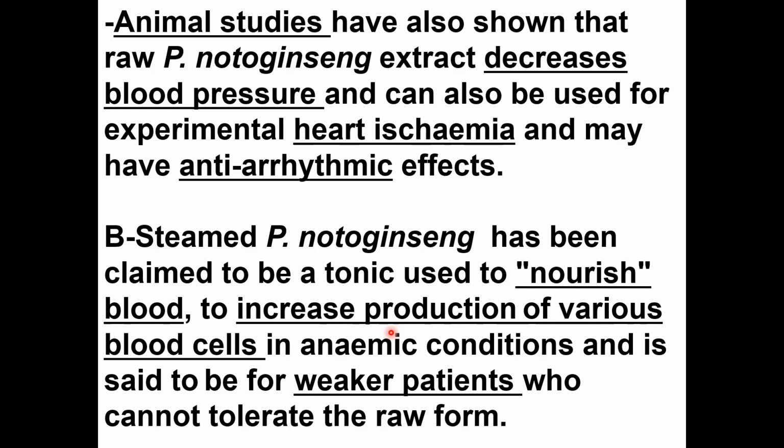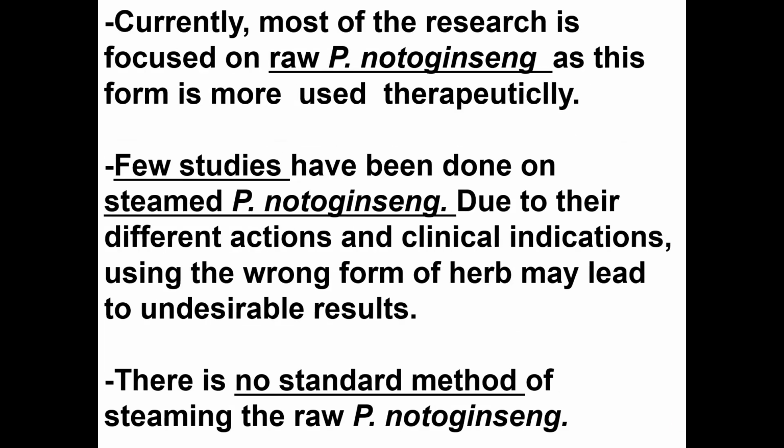The steamed Panax notoginseng is frequently used and claimed to be able to nourish blood, to increase production of various blood cells in anemic patients, and to be used by weaker patients who cannot tolerate the uptake of the raw form of the herbal drug. Most of the research now is focused on the raw Panax notoginseng.